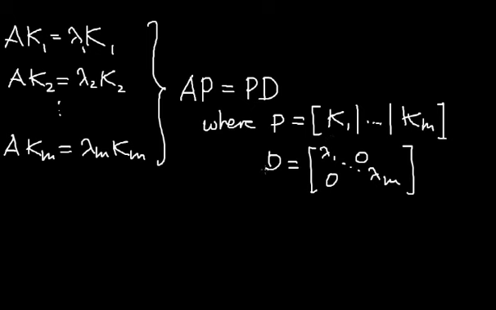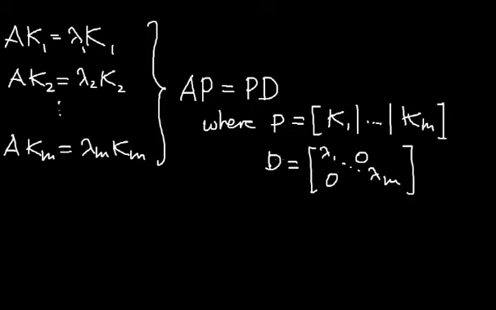By the way, this notation here for a diagonal matrix, these big zeros represent that we've got zero entries everywhere below the diagonal, and the big zero up there represents that we've got zero entries everywhere above the diagonal. Alright, so I'm assuming you already know that a system of equations like this can be also equivalently represented this way with the P and the D that I've written out here.